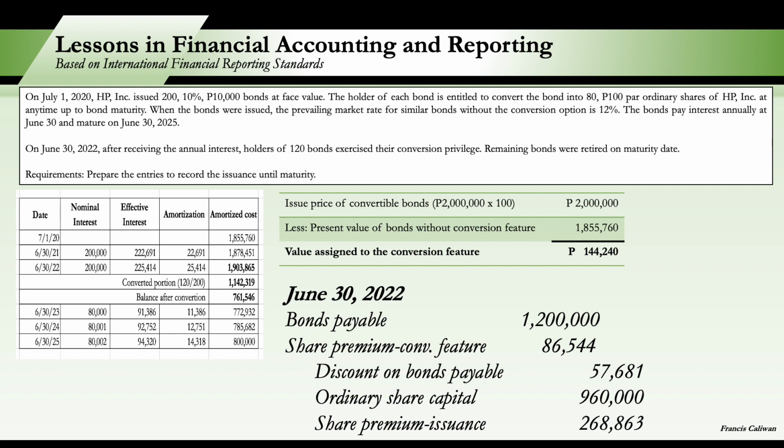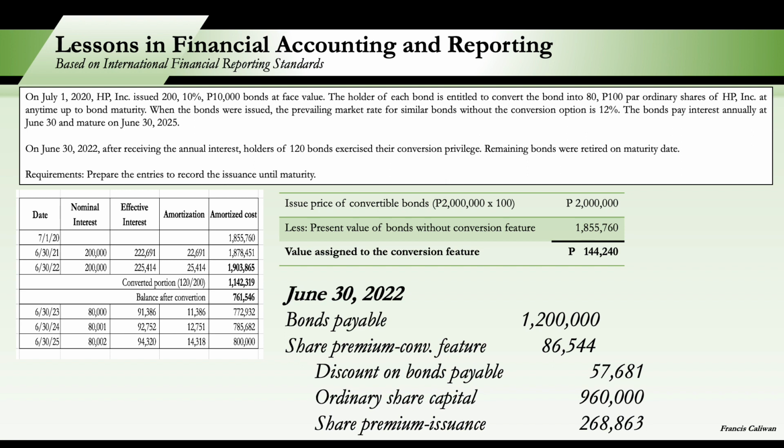Our total debit is 1,200,000 plus 86,544, minus the discount of 57,681, and minus ordinary shares of 960,000. Therefore, our share premium issuance is 268,863. Or we also have a shortcut for that.